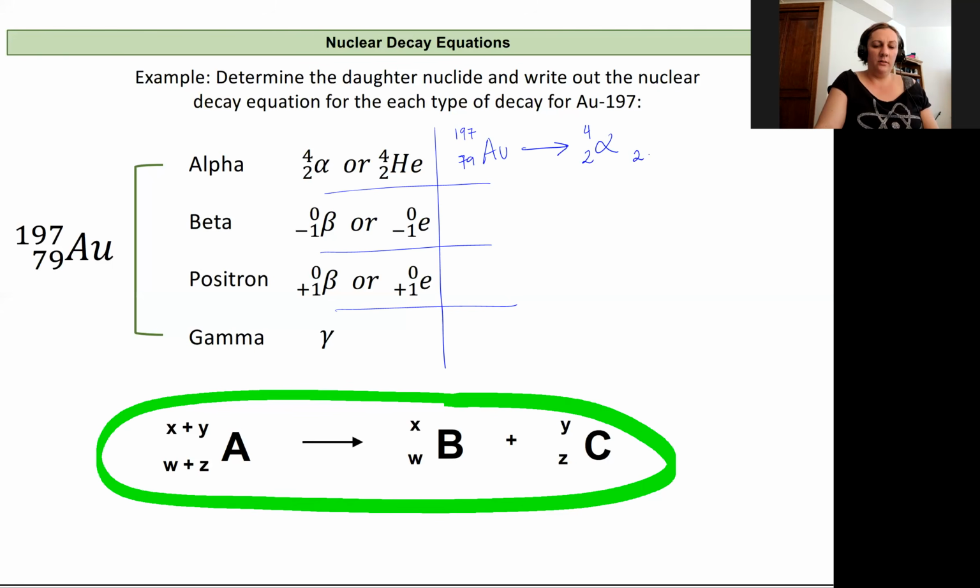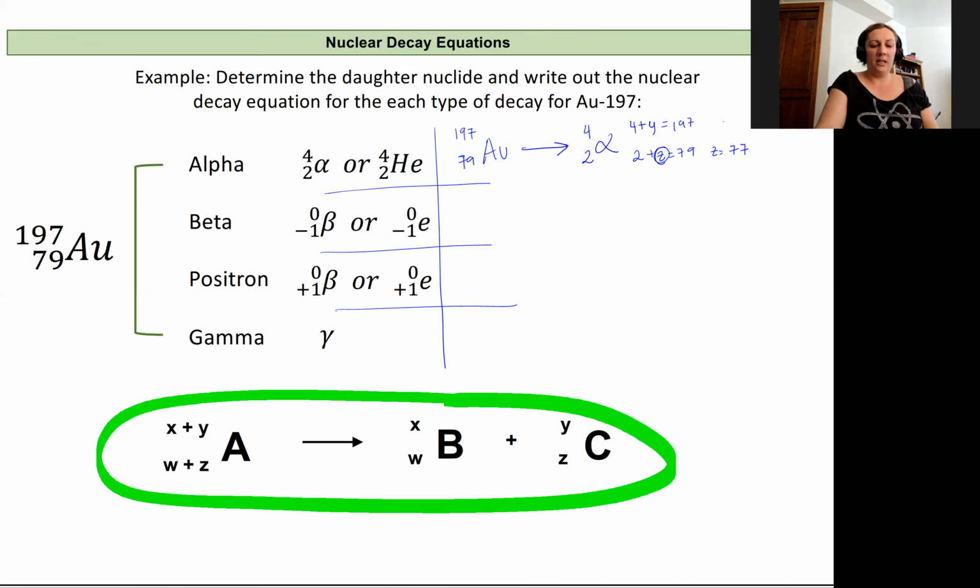2 plus, let's call it Z, will equal 79. So I'm solving for Z, and that's going to make Z equal 77. And then for my mass number, I'll have 197 has to equal Y plus 4.